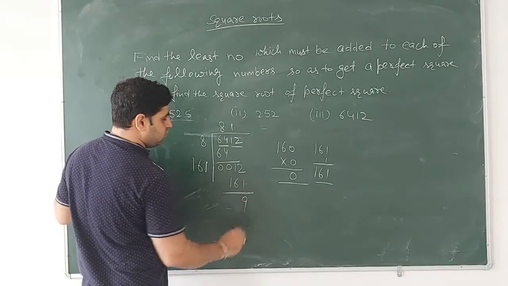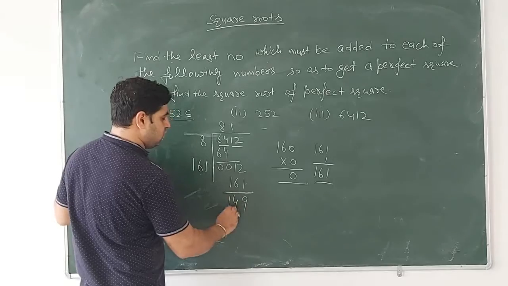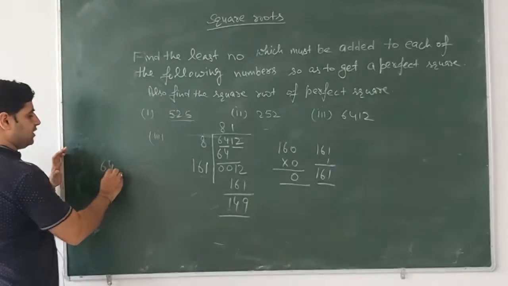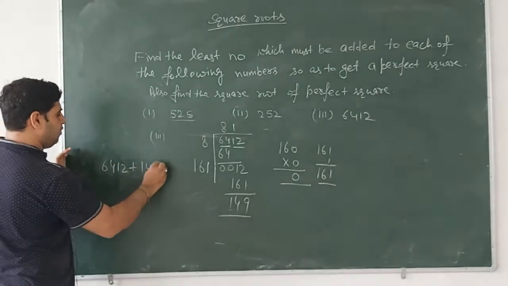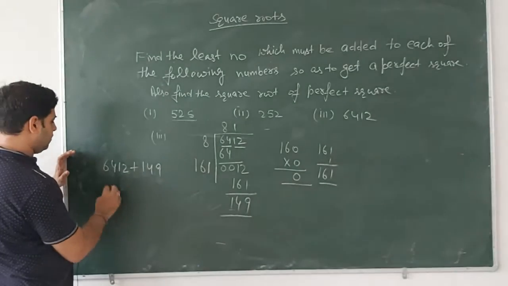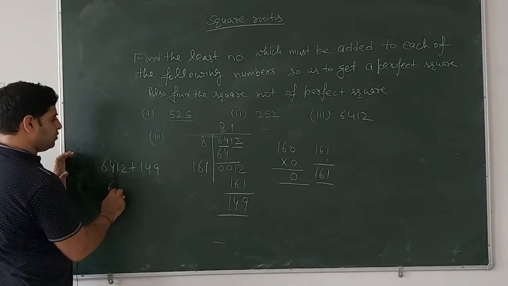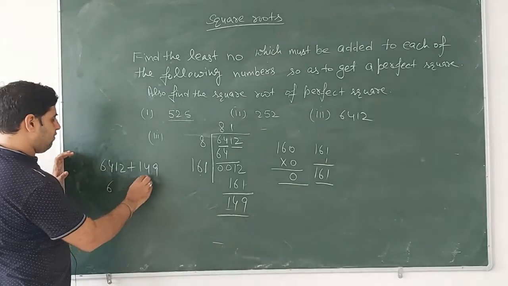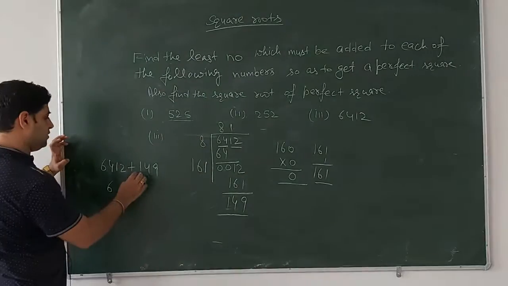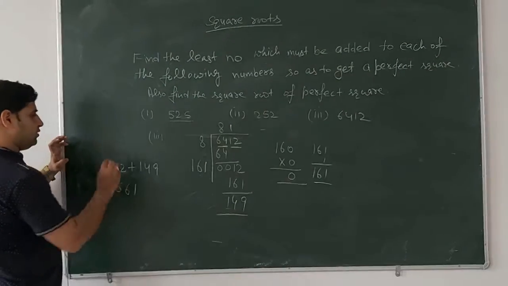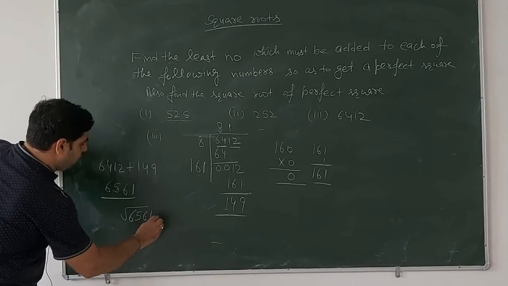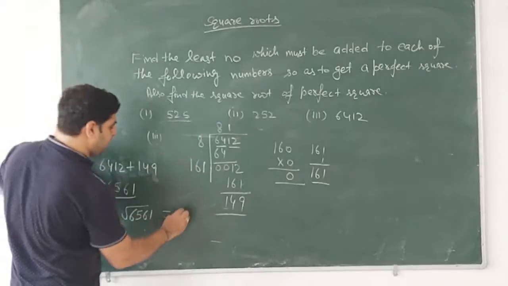161 minus 12 is 149, so the number we have to add is 149. 6412 plus 149 gives 6561. The square root of this number is 81.